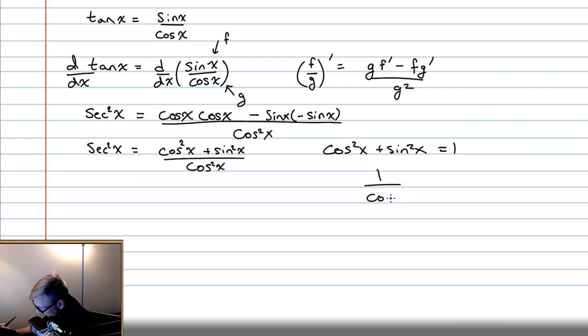So 1 over cosine squared. Well, remember, 1 over cosine is secant, so it's secant squared. And look at that, we've got secant squared equals secant squared.